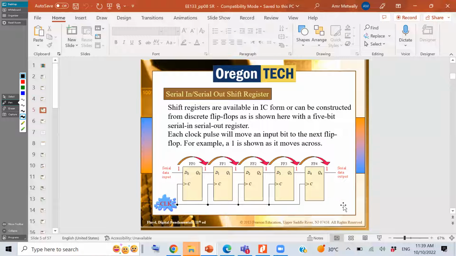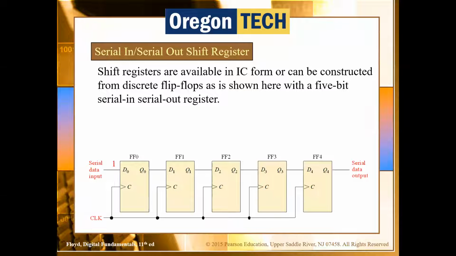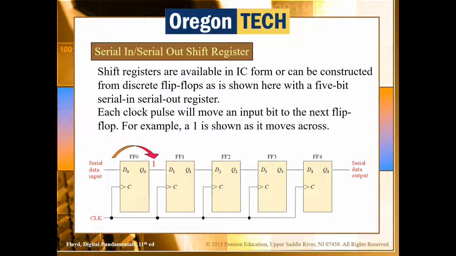Now let's go into more details. I have here 4, 5 D flip-flops. With the first clock, I have the serial data input 1. Now the 1 is at the output and it is entering D1.